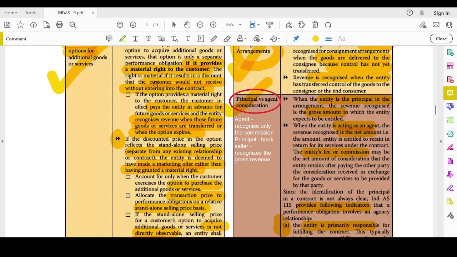If the option provides a material right, the customer in effect pays the entity in advance for the goods or services, then you can recognize the revenue when those future goods or services are transferred or when the option expires. Assume I have sold goods to the customer worth rupees 100.